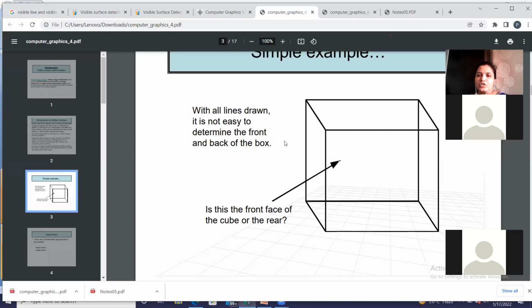So our job is either we can draw it like this. If I am viewing the object from this direction, then it can be seen that this portion is visible, this is visible, and this is visible.